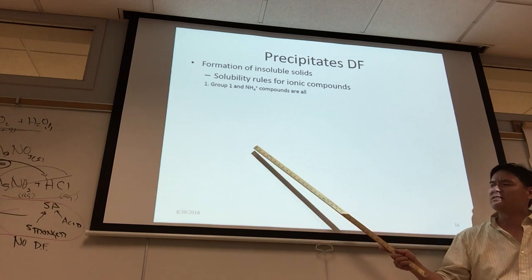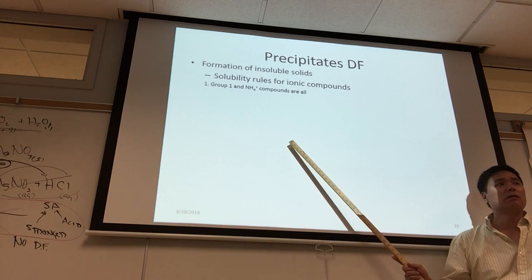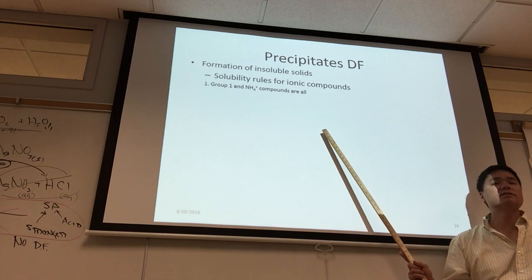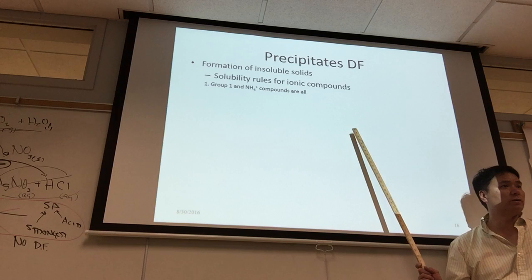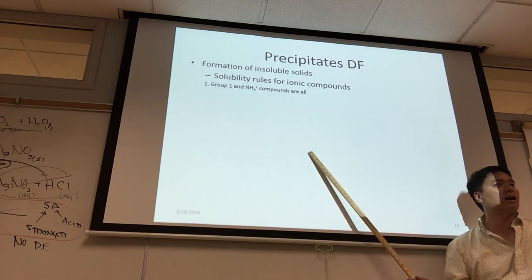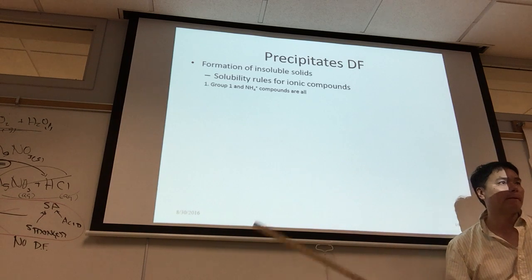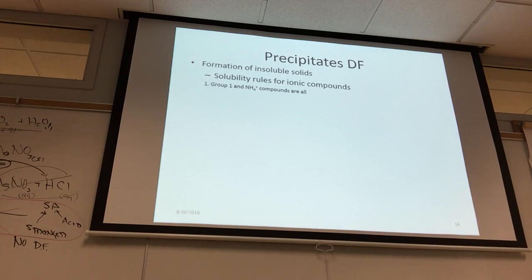And then we go to sulfides. Sulfides are all insoluble except for group 1 and group 2. And then we go to carbonates, phosphates, and chromates, which are all insoluble. We always look at group 1 and ammonium first.